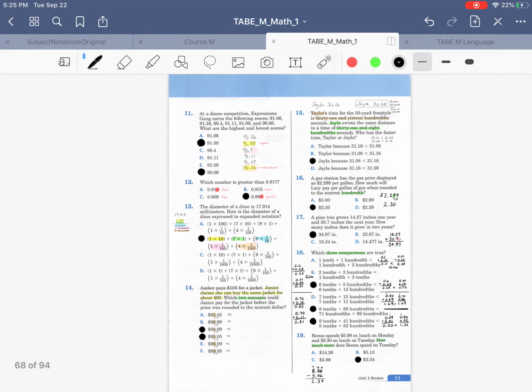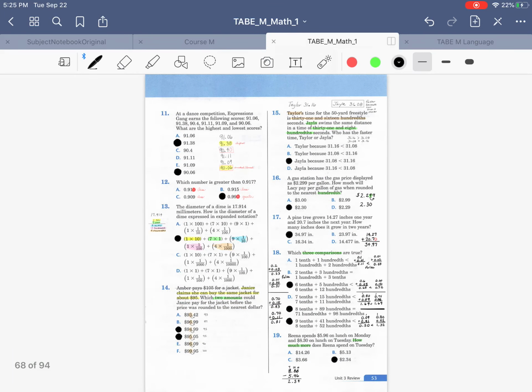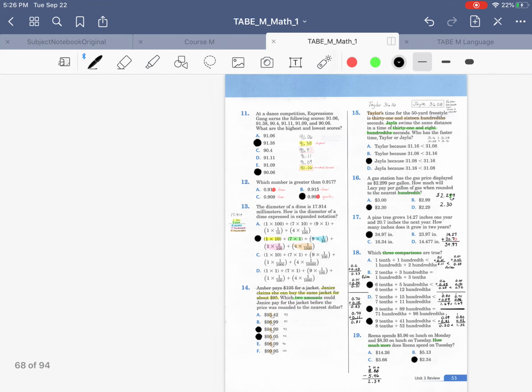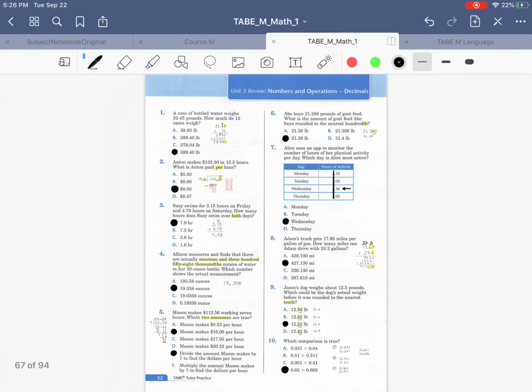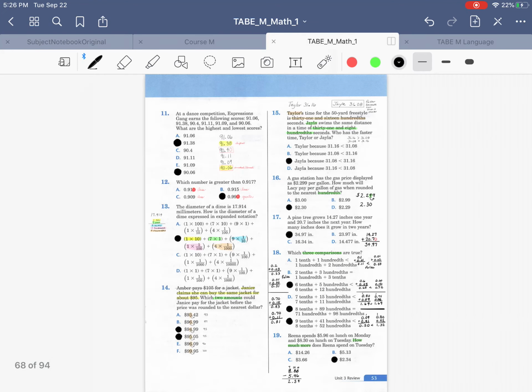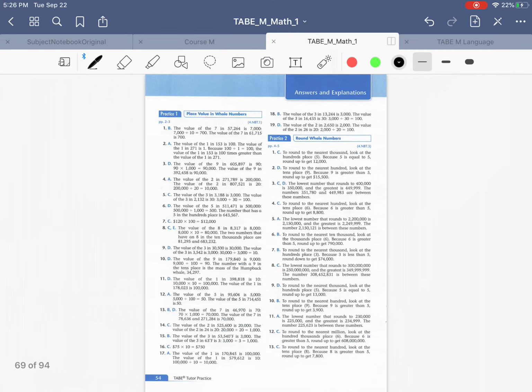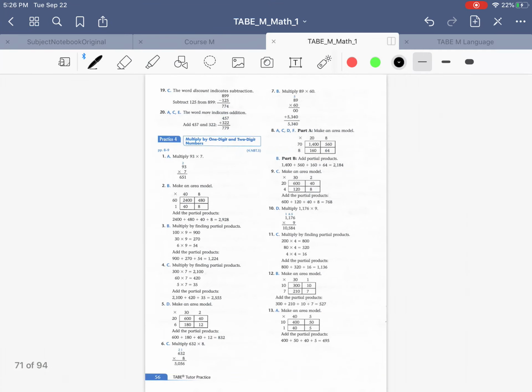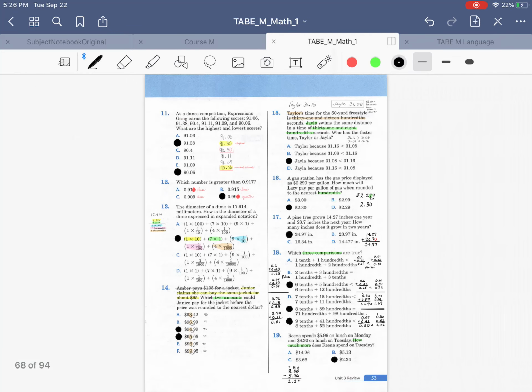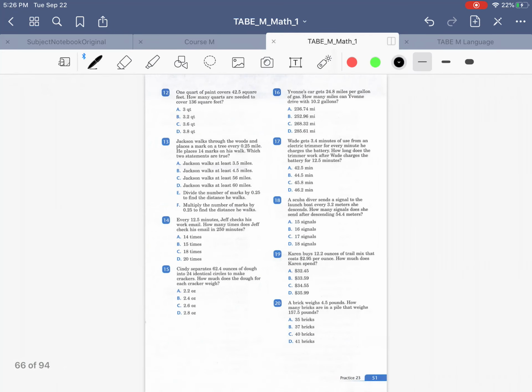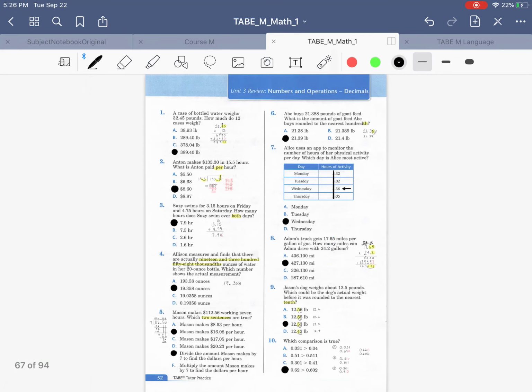That brings us to the end of the Unit 3 review, to the end of Unit 3, and to the end of Book 1. So we have completed a whole workbook. If your instructors want you to use any of these pages, he or she will tell you about that, but otherwise you don't have to worry about those.